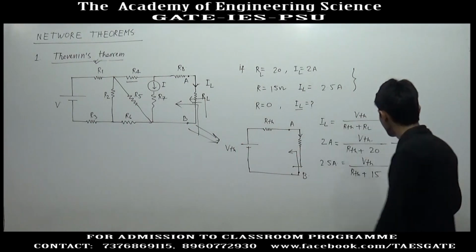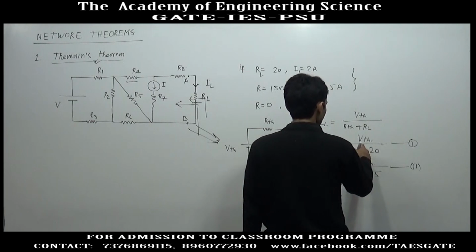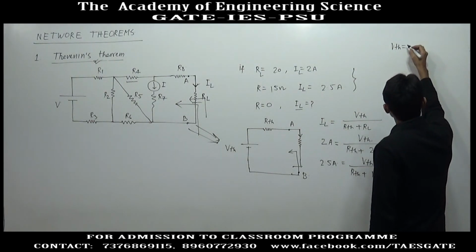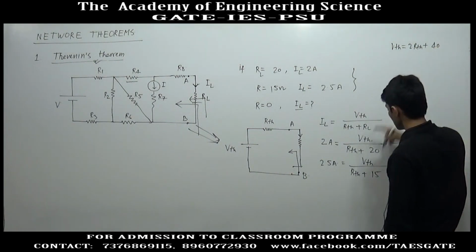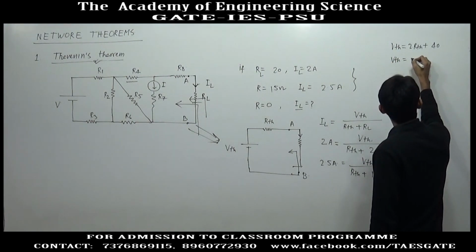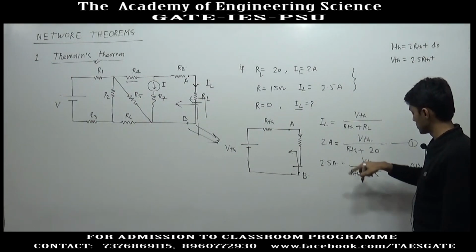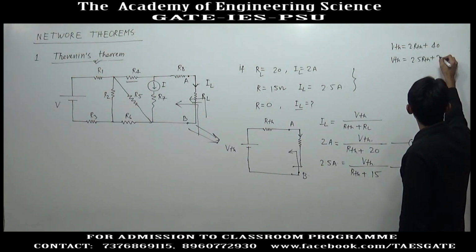Now, we have two equations and two unknowns. So, if we solve it, here we will get VTH is equal to 2 RTH plus 40, and from this equation we will get VTH is equal to 2.5 RTH plus 22.5.